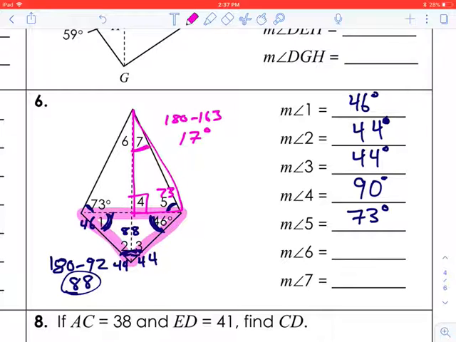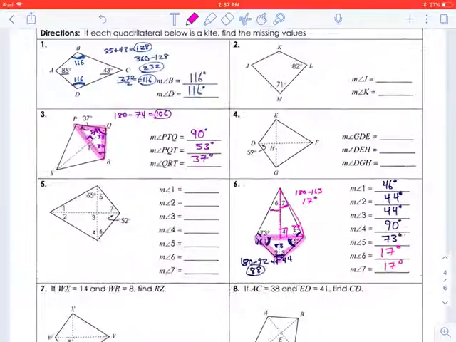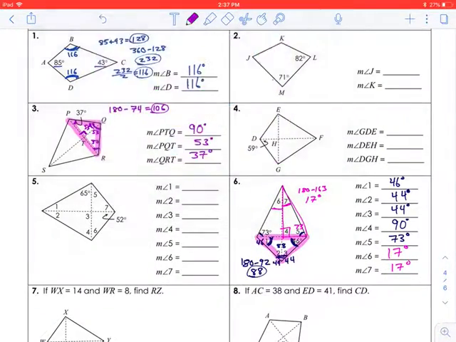So that's here, 7 is 17 degrees. And here, also 17 degrees. So, again, use the triangles in the problem.